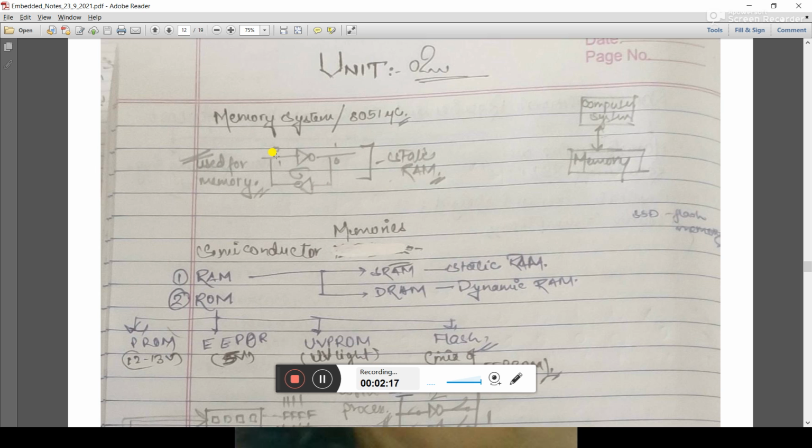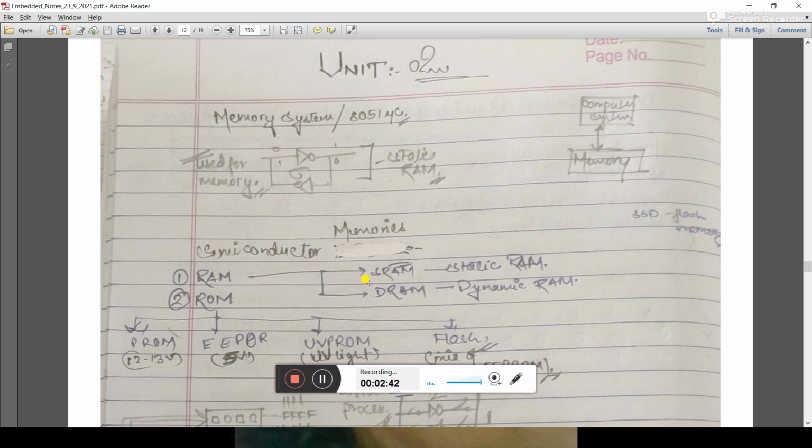When we provide 0 to this signal, it provides 1, and this 1 is converted into 0. If there is a 1, it becomes 0, and if there is 0, it is again converted into 1. That's how this arrangement can hold the data. This type of arrangement is known as static RAM.